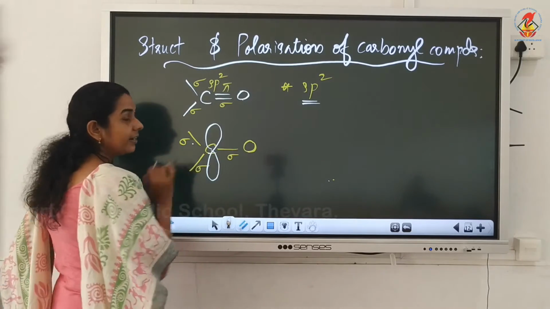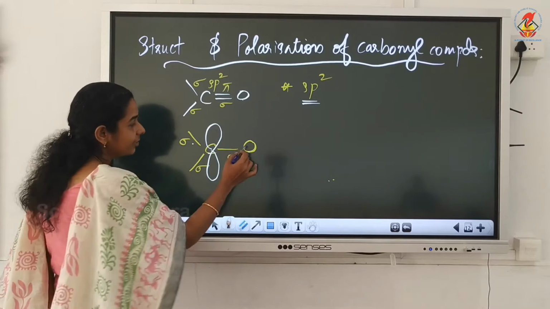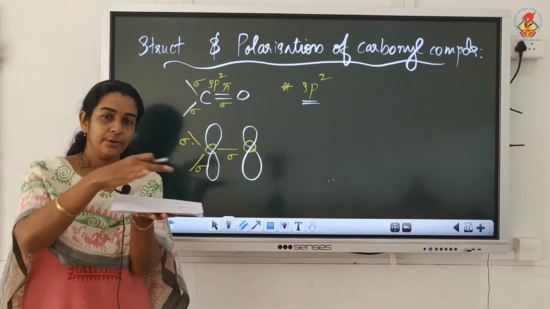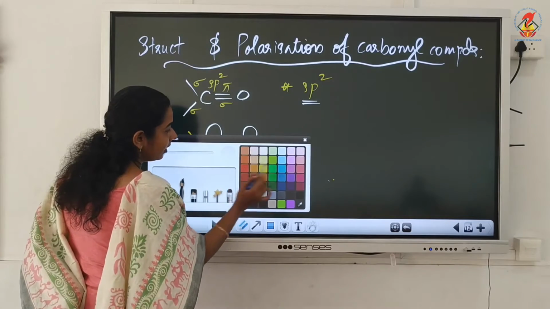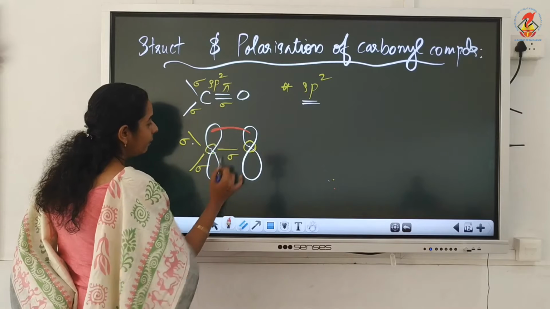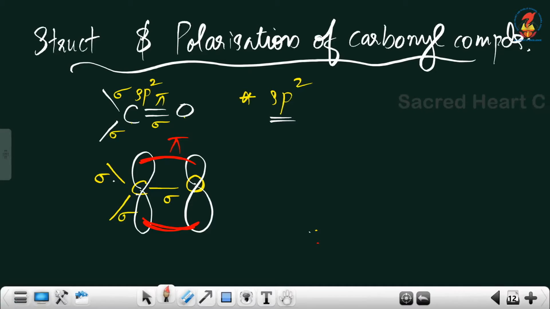The unhybridized p orbital present on this carbonyl oxygen is also lying perpendicular to this plane. So for the carbon oxygen pi bond formation, they will overlap, resulting in the formation of carbon oxygen pi bond.